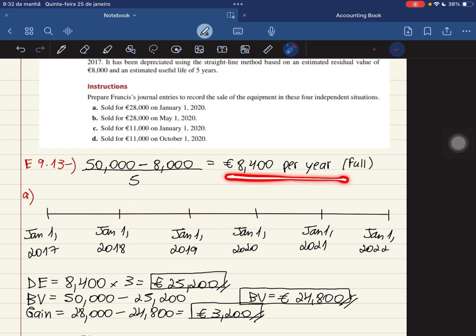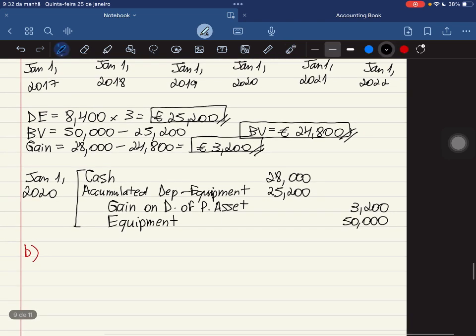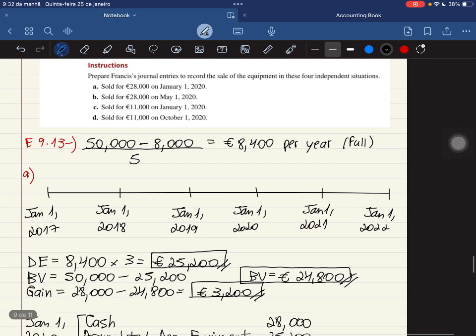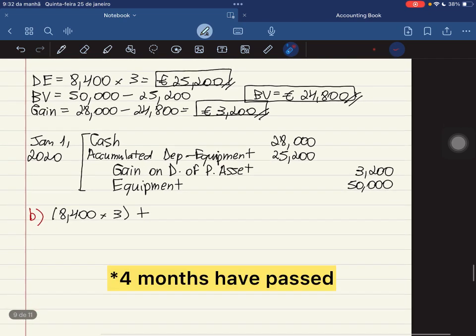So since this is the full year depreciation, what we are going to do is we're going to have 8,400 times 3, because 3 full years have passed, plus May, right? January 1st. So January, February, March, April, May 1st. Okay, so actually 4 years have passed, right?